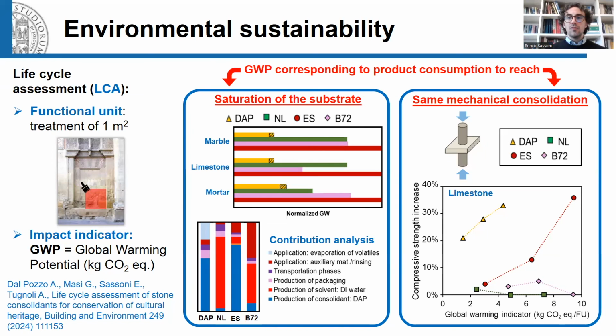In addition to the requirements that we have seen until now, a further important aspect that is receiving increasing attention in recent years is the environmental sustainability of stone consolidants. We have recently performed a life cycle assessment of the different consolidants that we have seen.